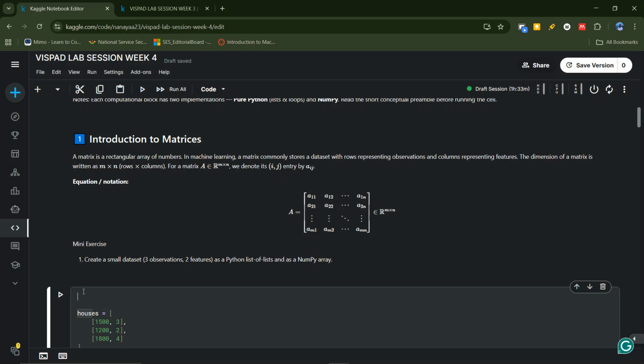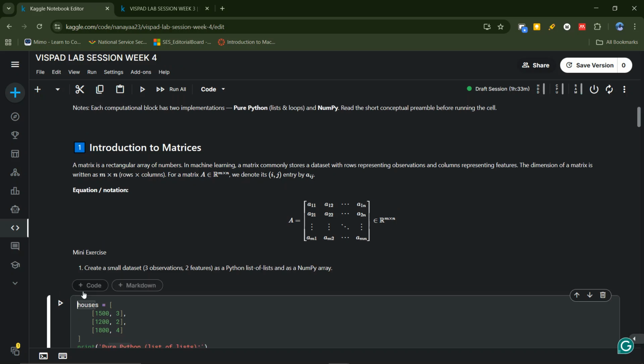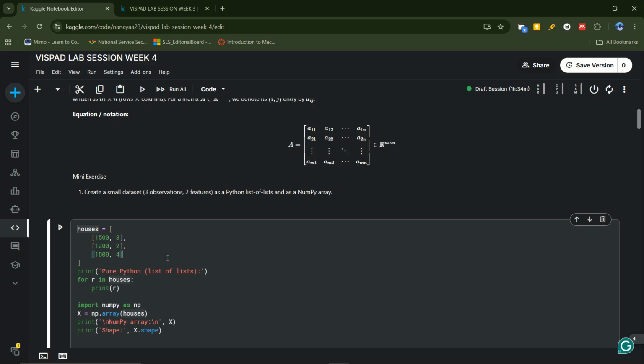Okay, so 3 by 2, and that is what you see over here. Say my colleague decided to call that data set houses. So they gave a name to that data set called houses, and these are the various observations and features.